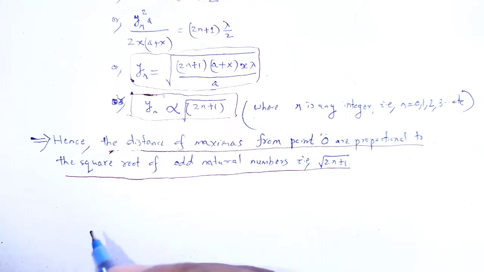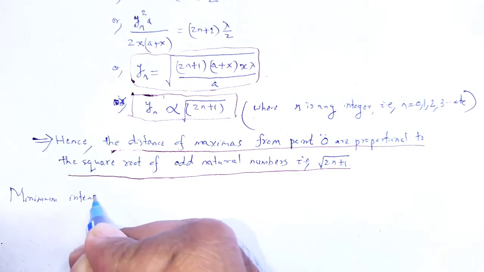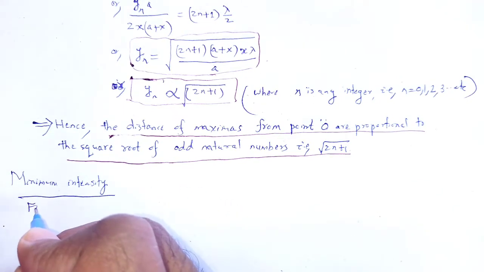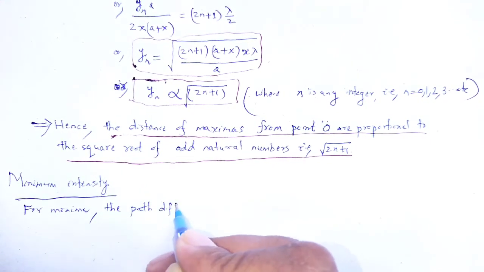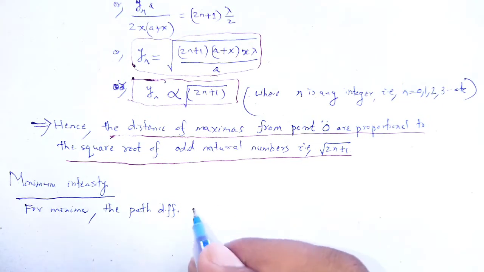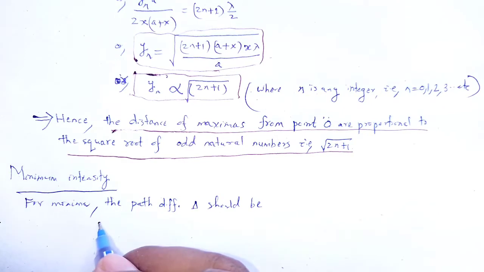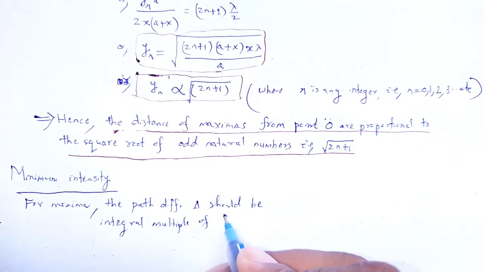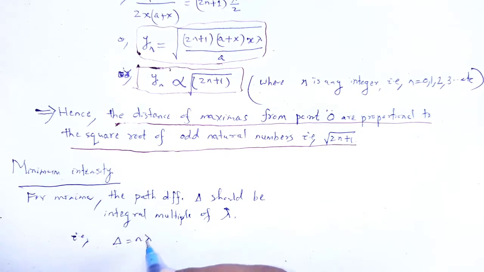Next, for minimum condition, minimum intensity: for minima we know that the path difference delta should be an integral multiple of lambda, that is delta is equal to n lambda.